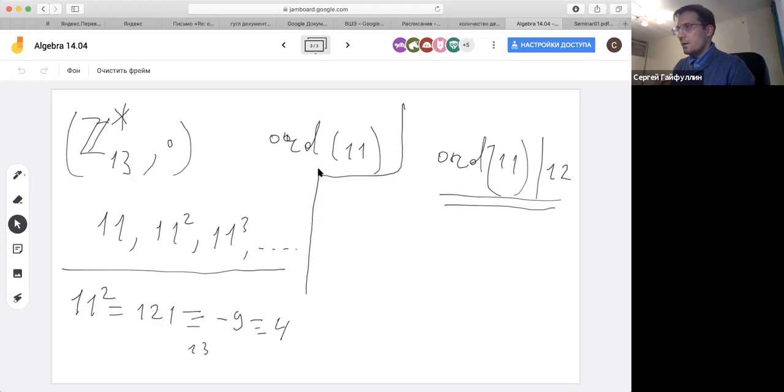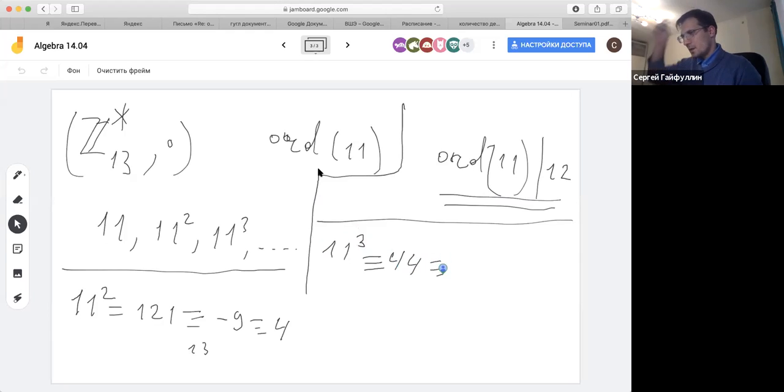Then 11 cubed is equal to 44, which is equal to 5 modulo 13. Another, 11 to the fourth equals 55, so this is equal to, let me think about it, to 1, yes? No.